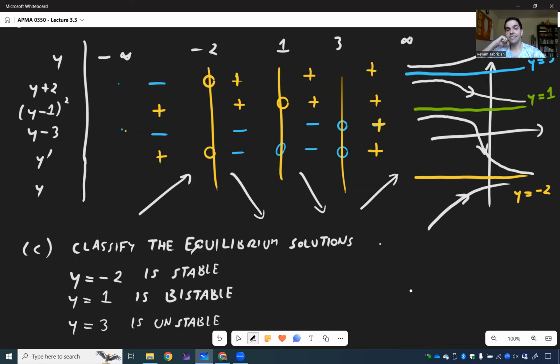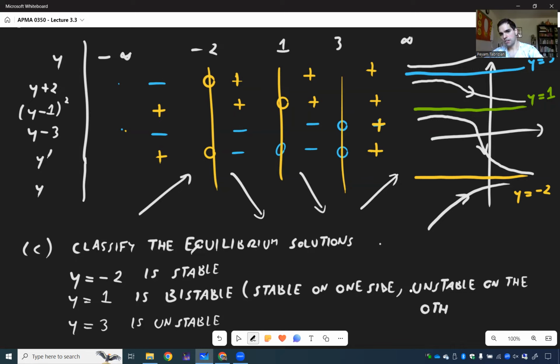And all this means is stable on one side, unstable on the other side. And that's it. Those are the 3 steps you need to know to do a qualitative study of an ODE, which again is a way of getting info out of it without actually solving it.